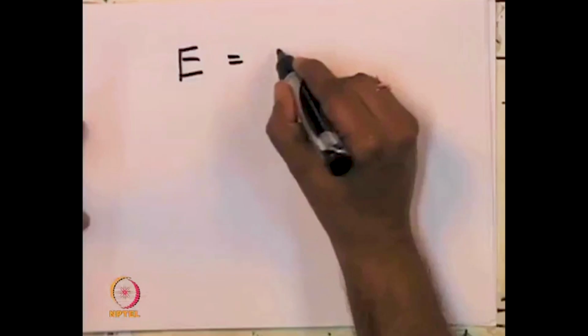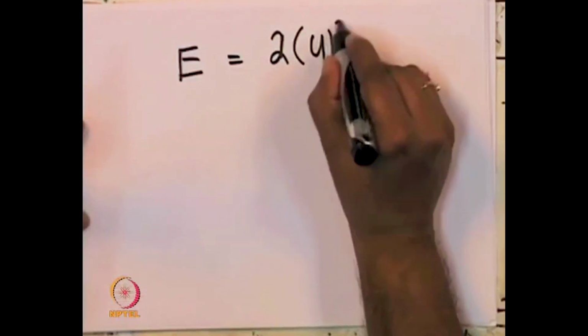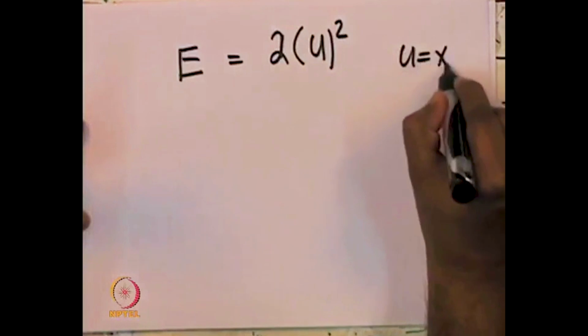The method to find the derivative is this. We will learn a new rule about derivatives. Let us have a look at what we have. We have y, the energy, which is 2 times u square, where u is x minus 3.